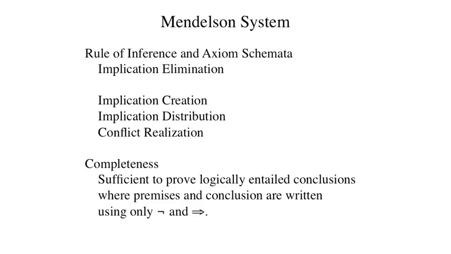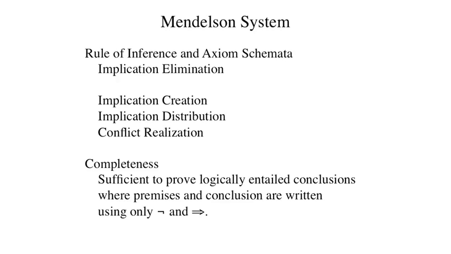The Mendelson system is a well-known proof system for propositional logic. It consists of the implication rule of inference that we just saw and the 3 axiom schemata that we saw. The Mendelson system is interesting in that it is sufficient to prove all logical consequences from any set of premises in propositional logic using only the operators not and implication.